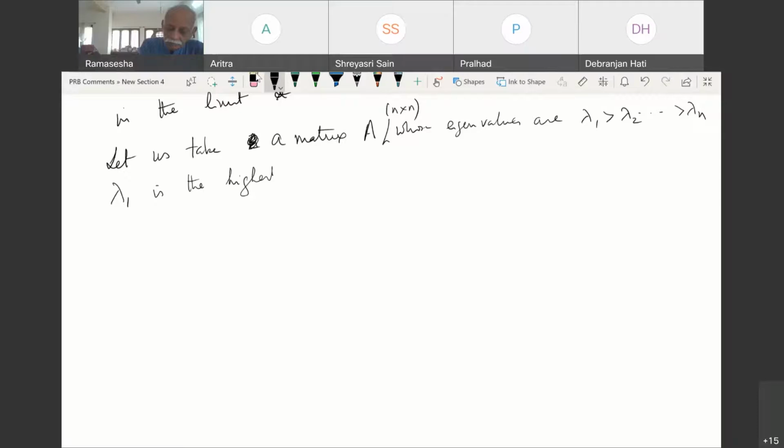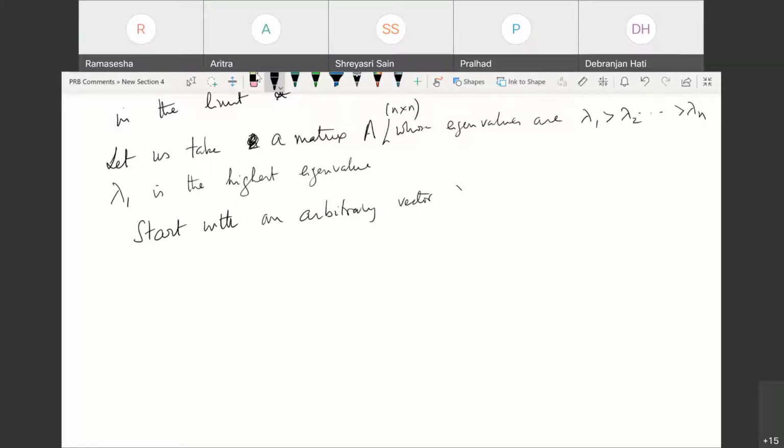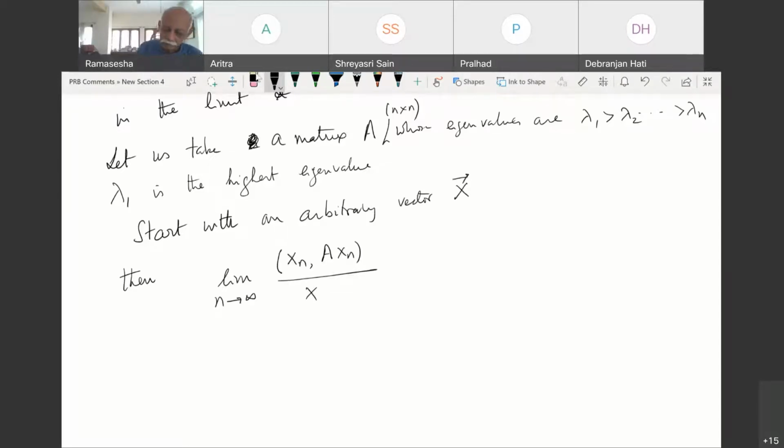Start with any arbitrary vector x_0. Then the limit as n tends to infinity of x_n transpose A x_n divided by x_n transpose x_n is equal to lambda 1, where x_n is A to the power n x_0.